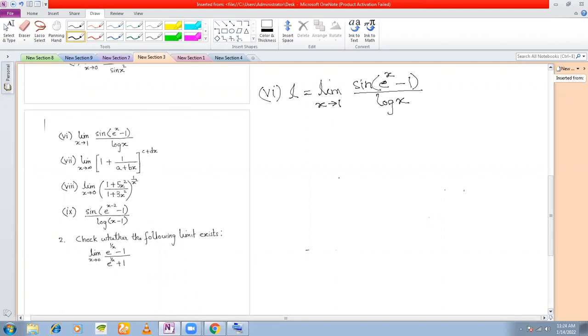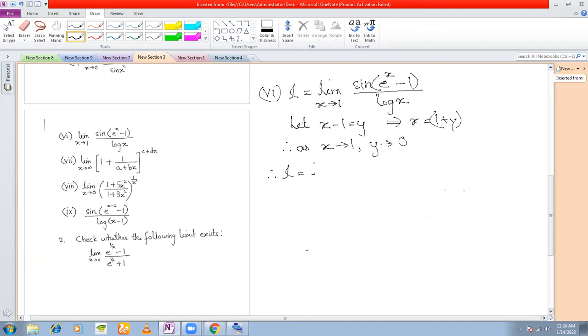Now you have limit x tends to 1 here. So first convert this to x tends to 0. So you write x minus 1 is equal to y. So you get x is equal to 1 plus y. Therefore, as x tends to 1, you have y tends to 0.